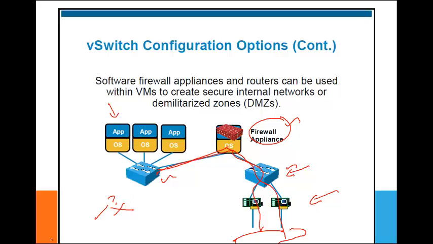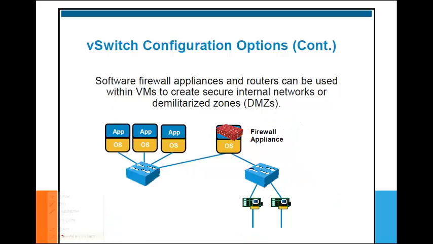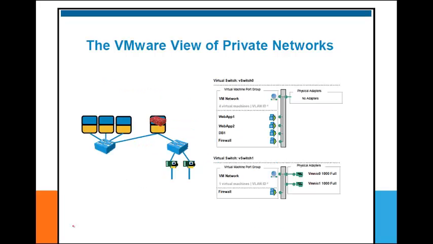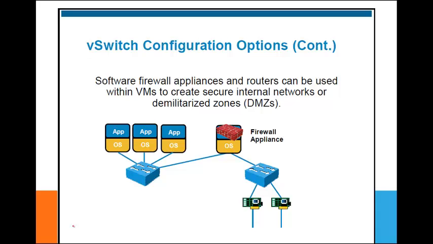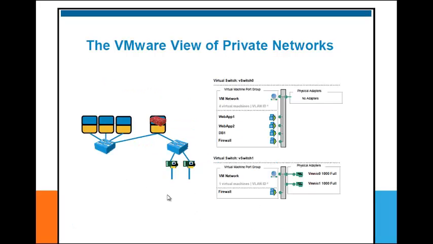This is the logical flow. How is the physical configuration? Physically it is like this. There is no NIC card, no adapter for this VLAN, let's say 10.